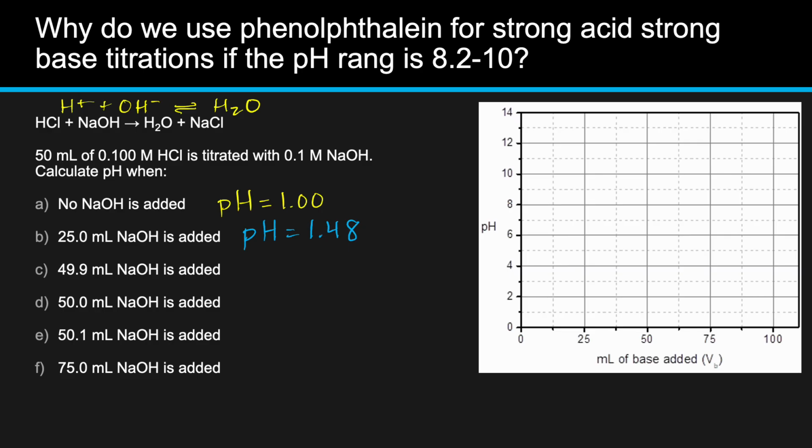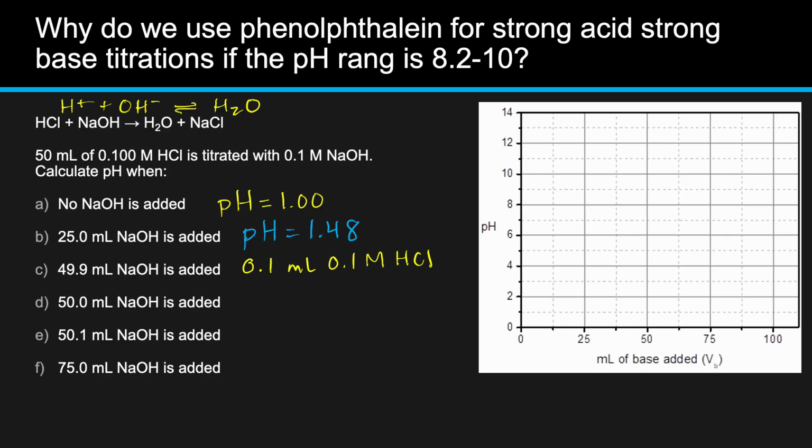So now let's see what happens when we have almost neutralized all of the acid and we have added 49.9 milliliters of sodium hydroxide. So if we have added 49.9 of our strong base, that means we have neutralized 49.9 of our strong acid, which means left over we have 0.1 milliliters of our 0.1 molar hydrochloric acid.